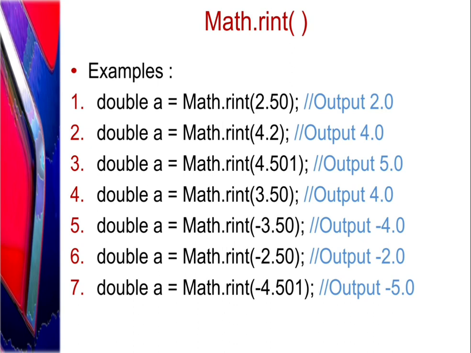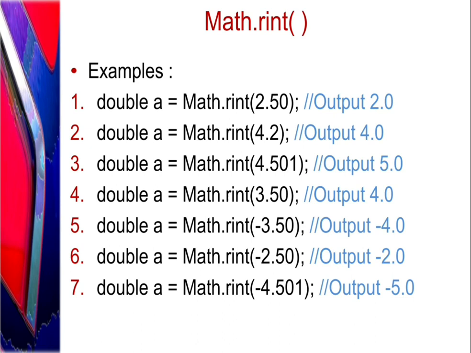See, if it is minus 2, it is even. Compare the 5th and 6th. See, the values were nearest to each other, but see the difference in the answer. When you are providing an odd number, then it is going to check 0.5, 0.6, whatever you are providing.